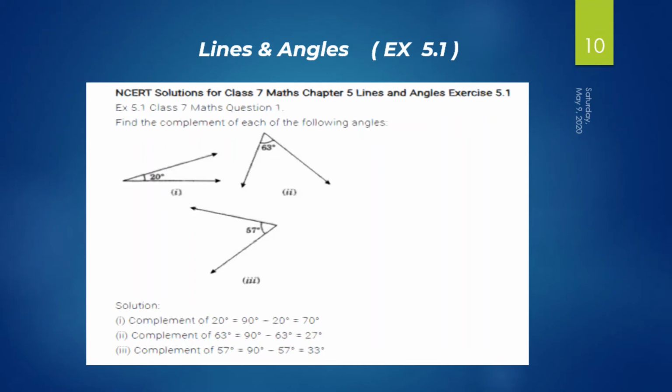Like 20 degrees there, so the complement is that angle whose sum with it is 90. If you subtract the given angle from 90, you will get the answer. Like 90 minus 20 is 70, 90 minus 63 is 27, 90 minus 57 is 33. In this way we can find the complement of any angle.